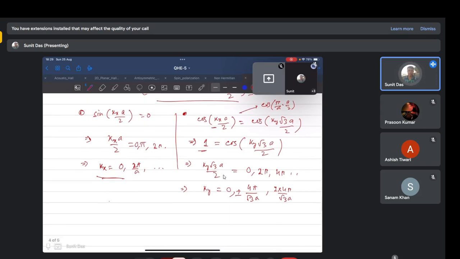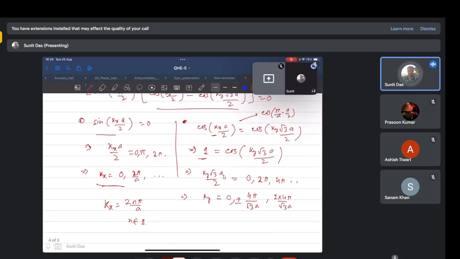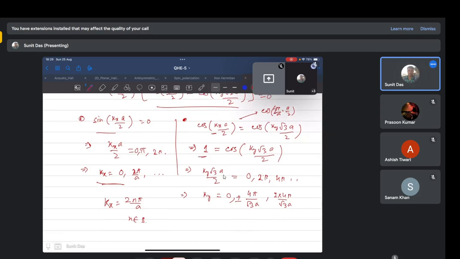So the general solution would be kx equal to 2n pi by a, n is an integer. That's where sine kx by 2 will be 0. Now, if we put 2 pi by a, then this will be cos pi for n equal to 1. So this will automatically include plus 1 as well as minus 1. So in general, this is plus minus 1. So from this we can have all the possibilities, and this can be negative as well as positive.